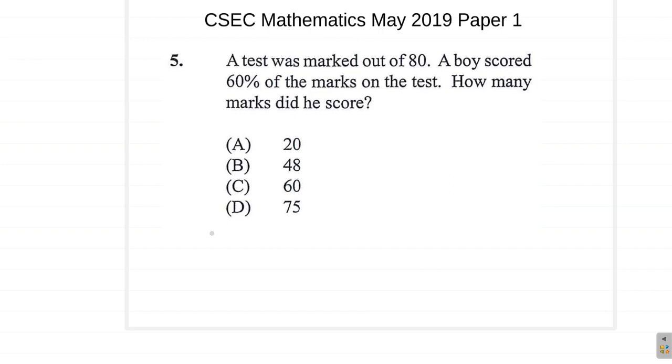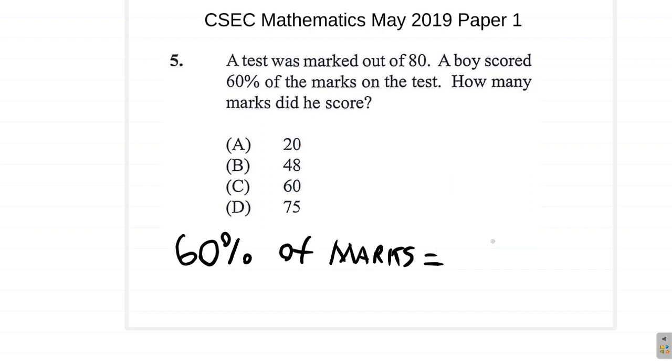So 60% of marks equal, well, we want to know how many marks he scored. We don't know, so we call it X. But what's the mark again? The number of marks is 80. 60% of 80.